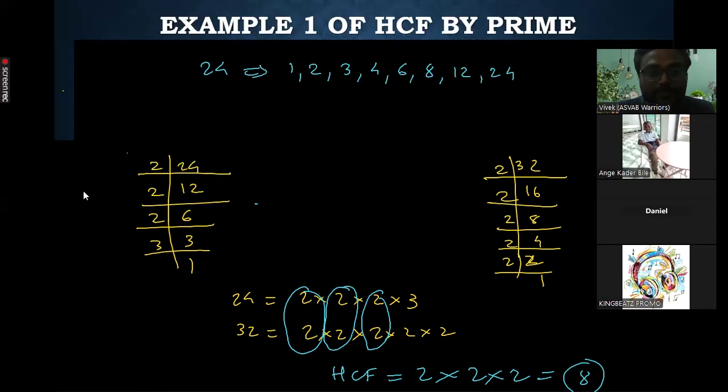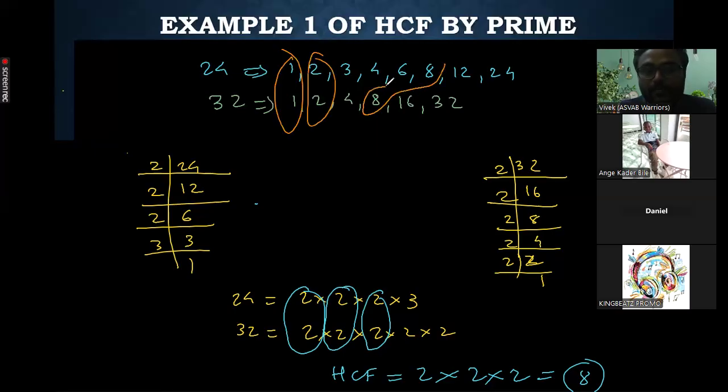Now for 32, I can divide it with 1, 2, 4, then we have 8, then we have 16 and 32. So what are the common factors now? The common factors are 1, 2, 4, and 8. What was the question asking? Highest common factor. So which is the highest common factor from 1, 2, 4, and 8? It is 8.